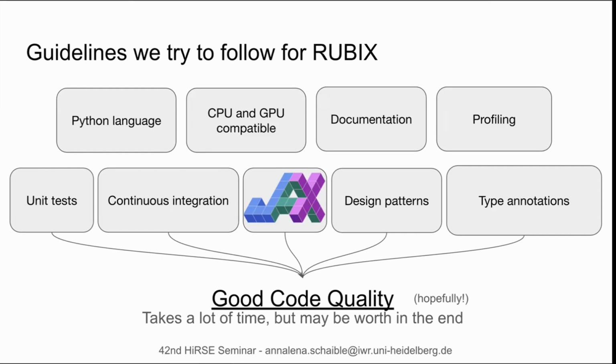We have continuous integration, where each time we push something to the main branch on GitHub, it checks whether all the tests run on different systems. We have design patterns so that the code is modular and you can easily change things.